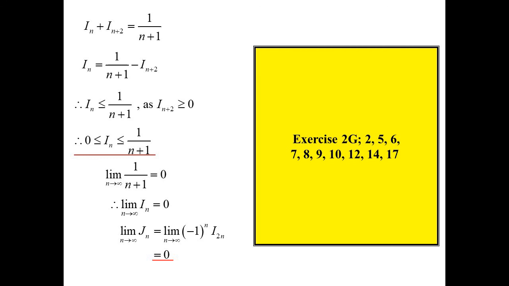So it's fair enough to say that the limit as n approaches infinity of In is 0. But hang on, Jn was defined to be minus 1 to the power of n times I2n. So if In is approaching 0, I2n is approaching 0, which now means Jn is also approaching 0.